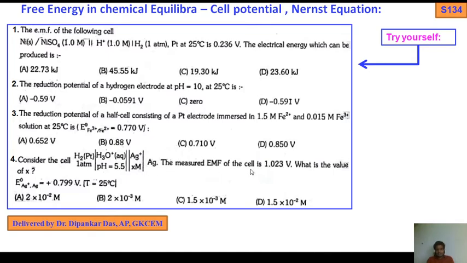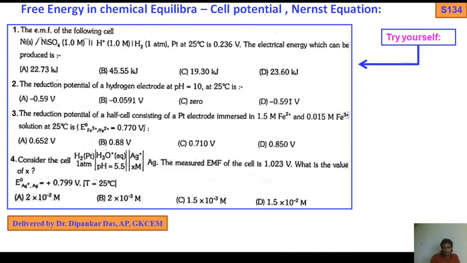The measured EMF of the cell is 1.023 volt. What is the value of X? As given, E0 silver plus/silver is 0.799 volt, at 25 degrees, that is 298 Kelvin. So this is also a little bit tough, but you should try it because I have already mentioned all the things. If you try it, then you can solve it.